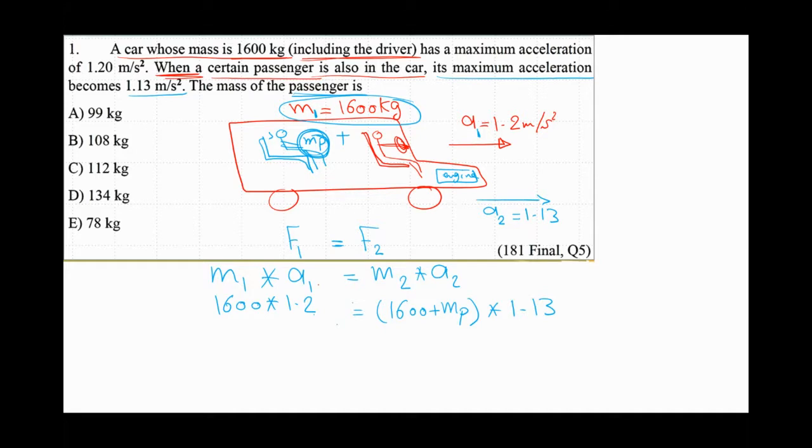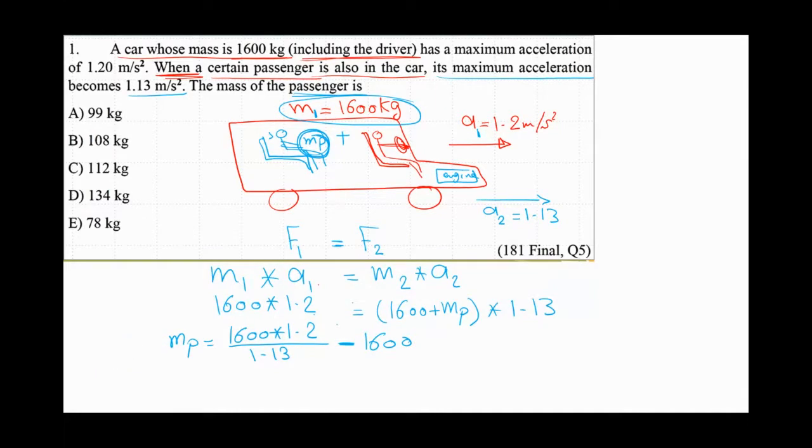We can solve this problem. I can say 1600 plus the mass of the passenger equals 1600 times 1.2 divided by 1.13. I'll take the 1.13 to the denominator on the other side. Then you can take the 1600 to the other side, it will be minus 1600.